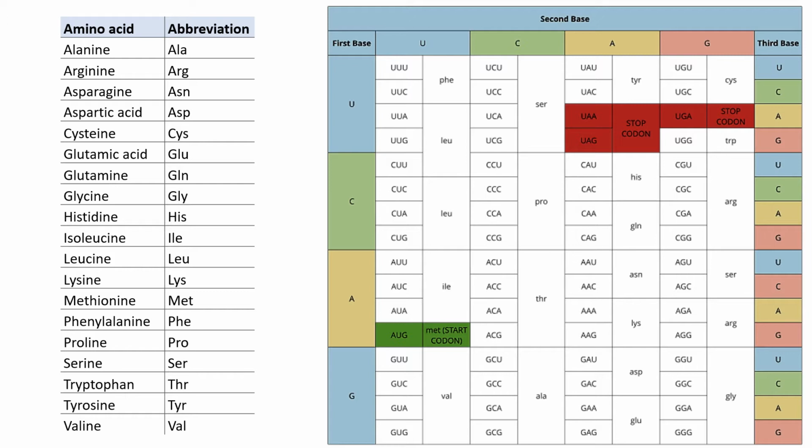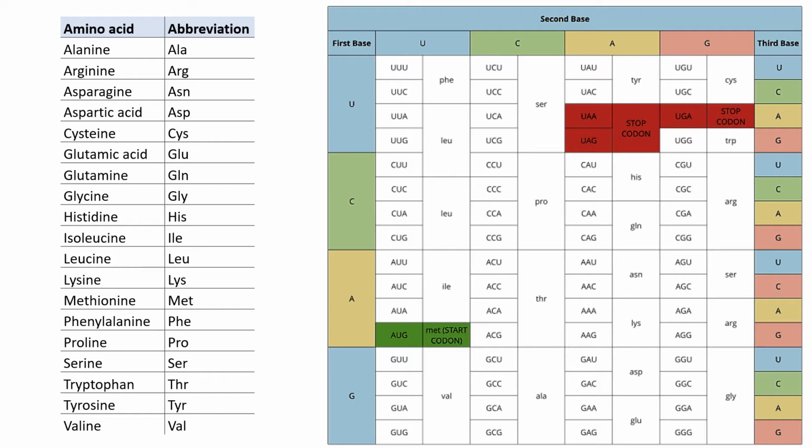So if we look there at arginine, second from the top, then we can find its abbreviation on the chart and we can work out what the first base, second base, and third base, in other words, the first nucleobase, the second, and the third are. There you can see in dark red the stop codons.